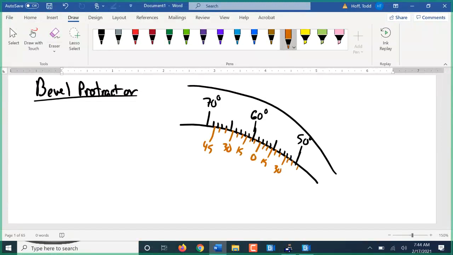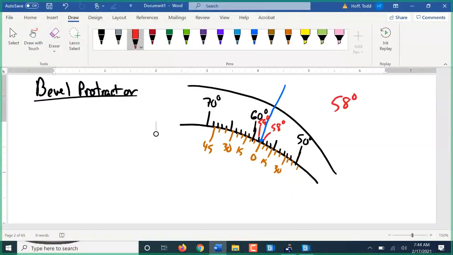Now, first of all, where do we read the main scale in this one? Read the main scale where the 0 of the vernier scale is. What does that read here? Between 58 and 59, right? So we read the 58 degrees. The smaller one is what we want.